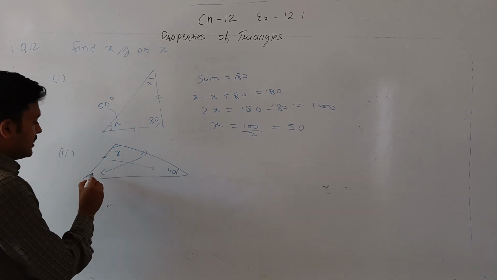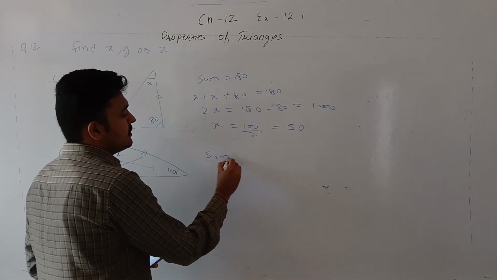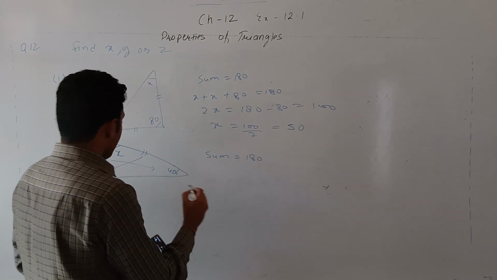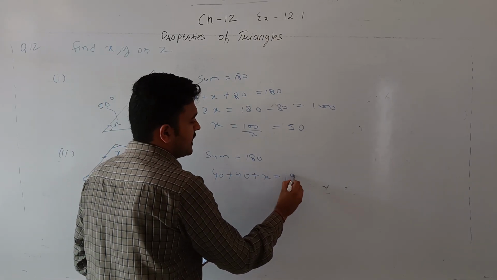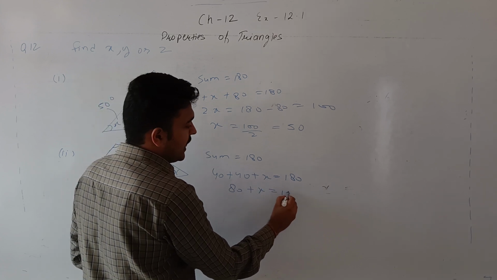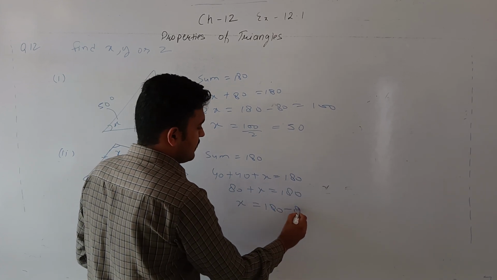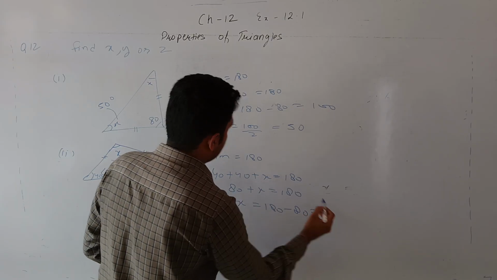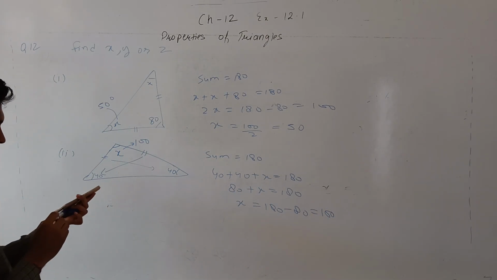So if this angle is 40, this angle is also 40, and again the sum is 180. Therefore 40 plus 40 plus x, or 80 plus x, is 180. Therefore x is equal to 180 minus 80, which is 100. So our required angle is 100 degrees.